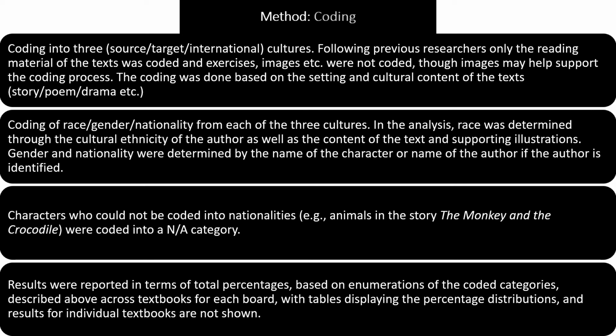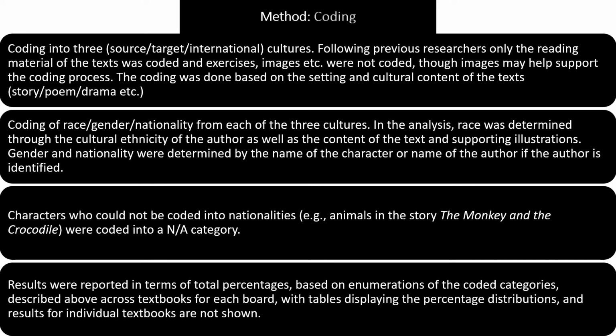Second, further analysis was conducted to identify the representations of race, gender, or nationality from each of the three cultures. While we are cognizant of the fact that race is a social rather than a biological construct, we follow earlier convention and definitions from the United States Census Bureau to divide race into 5 categories: Asian, South Asian, white, black, and others.